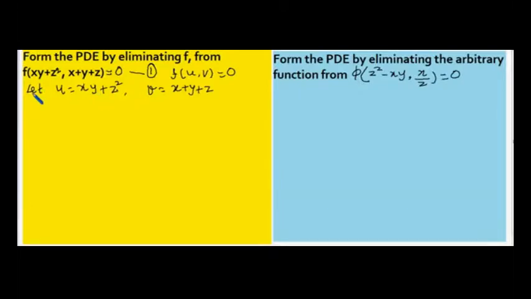Let u is equal to xy plus z squared and v is equal to x plus y plus z. The given equation is of the form f of u comma v equal to 0.